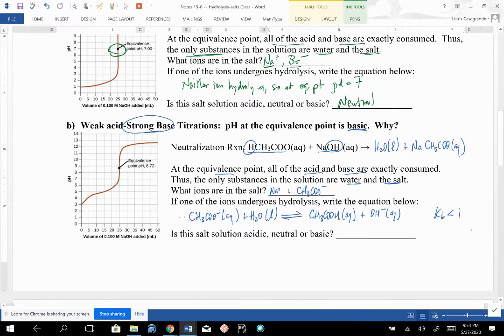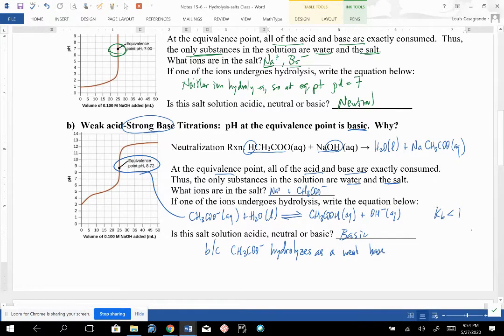In this case, you notice that the pH for this particular reaction is 8.72, which is just under 9, which is the pH that we saw, to the best ability for us to measure pH using pH strips and using indicator. 8.7 and 9 are basically the same, and so we have a basic solution because the acetate hydrolyzes as a weak base.